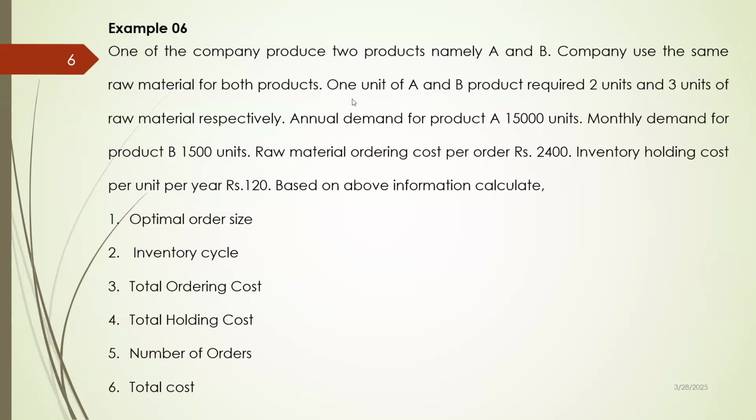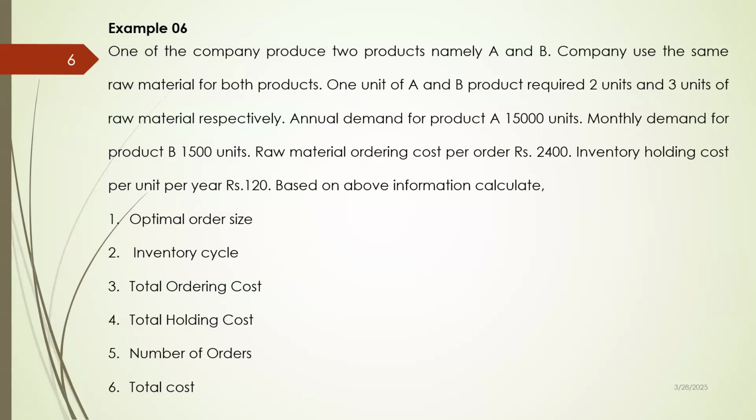I'll explain the important thing in this question: they produce two products. Some students sometimes say there are two EOQs, one for A and one for B. No, not necessary, just one EOQ.